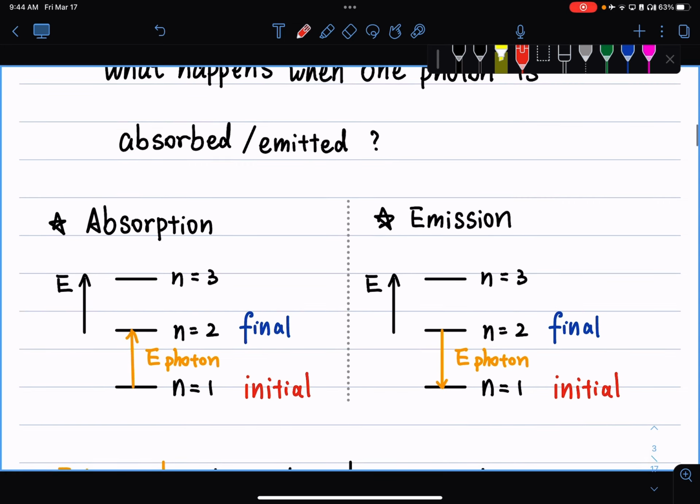In the absorption spectroscopy, you have that energy level, you have the sample absorb one photon of energy and jump from a lower state to a higher state. In the emission spectroscopy, you start from a higher state and you emit one photon or h nu of energy to reach a lower energy final state. I think I had that wrong here.